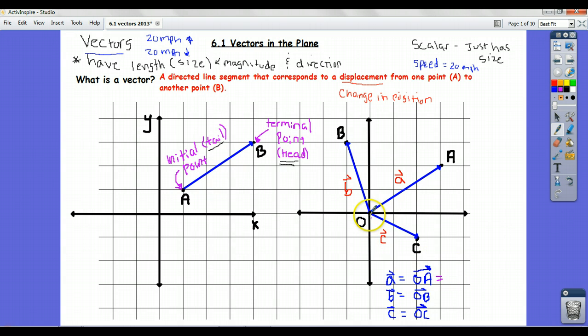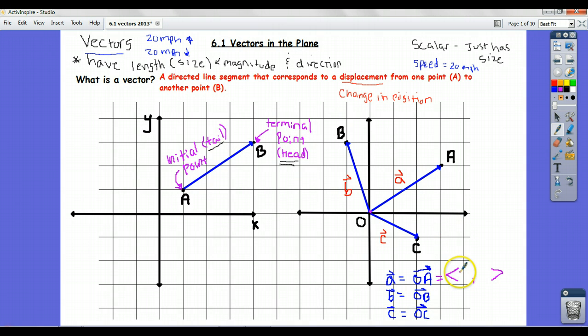So let's look at vector A here. If you were on it, you'd start at point O, you'd travel along the vector, and you'd end at point A. Let's describe how you'd travel. As a vector, there's many different notations, but in our course we're going to use these pointy brackets. To travel along vector A, you start at point O, it moves you 3 to the right and 2 up.